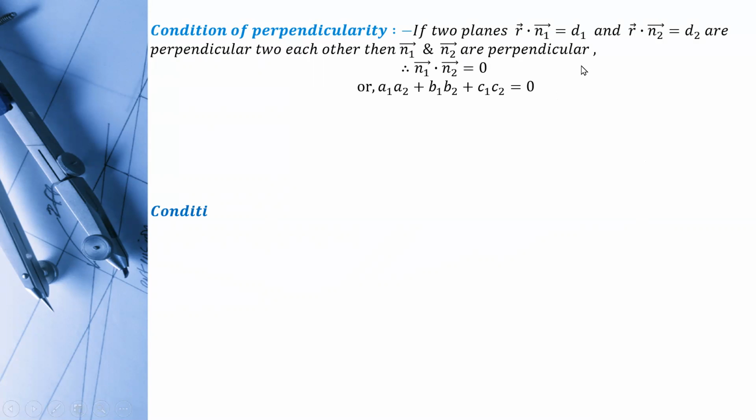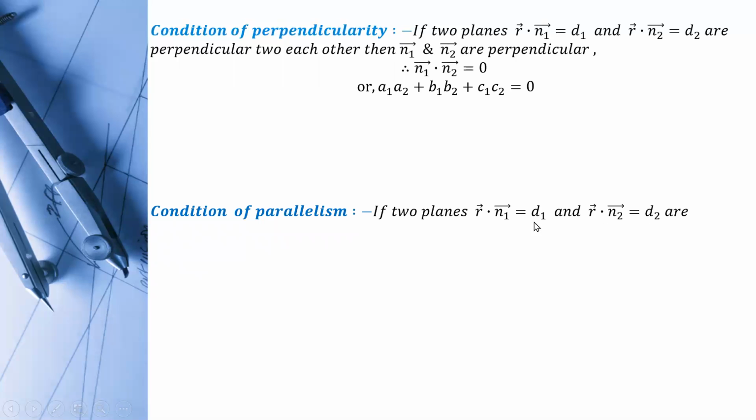Now the condition for parallel planes. If two planes are parallel and their vector representations are given in this form, that is vector r dot product with vector n1 equals d1, vector r dot product with vector n2 equals d2, then their normals are also parallel, and we can write vector n1 equals lambda into vector n2, where lambda is a scalar quantity.